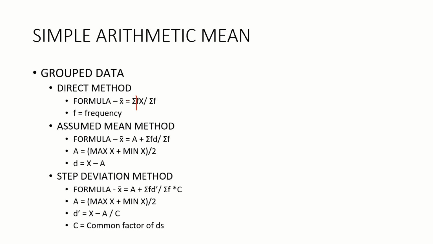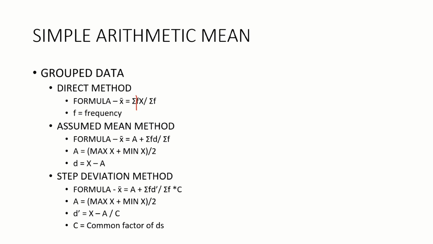Actually, here the formula says that arithmetic mean equals the sum of all frequencies multiplied by values divided by the sum of all frequencies. Yep, that's easy to remember. So, that's the direct method.